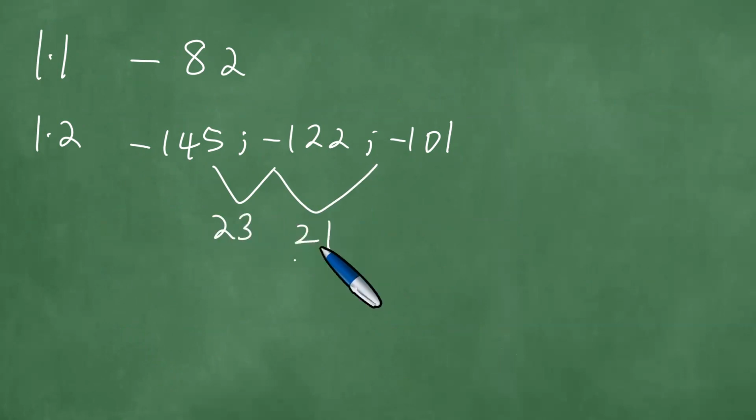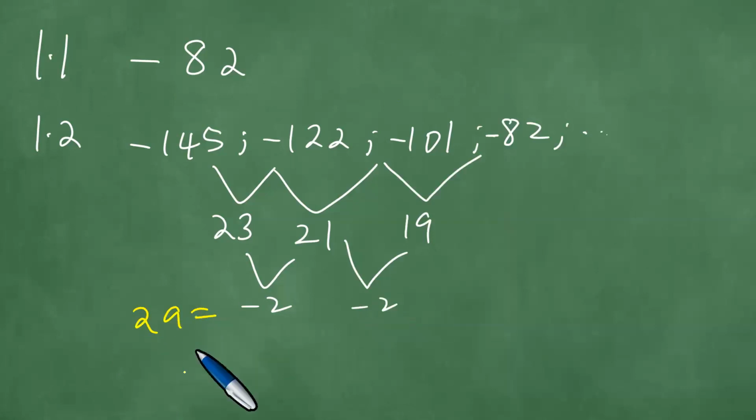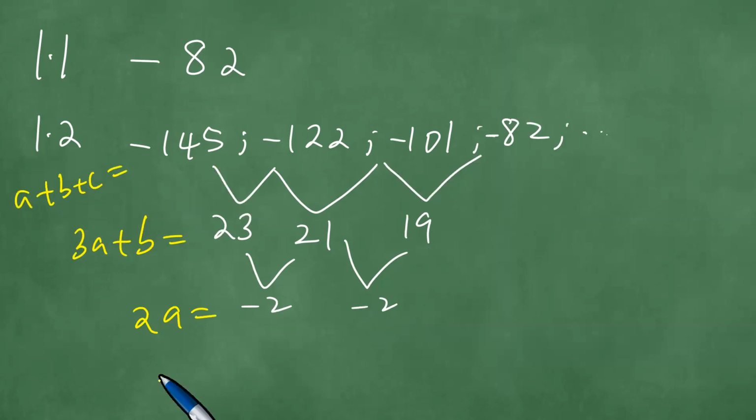The first differences are 23, 21, the second differences are minus 2, minus 2, and then 19, and we have seen minus 82 here. This pattern continues. A couple of things remain very important: 2a becomes the second common difference, 3a plus b becomes the first term of the first differences, and a plus b plus c is going to be equal to the first term of the quadratic pattern.